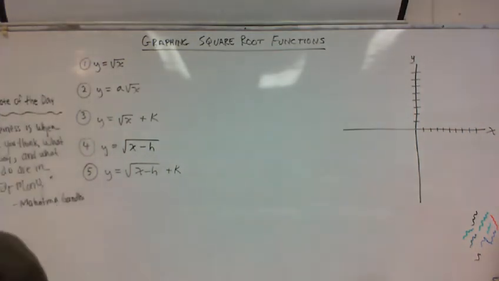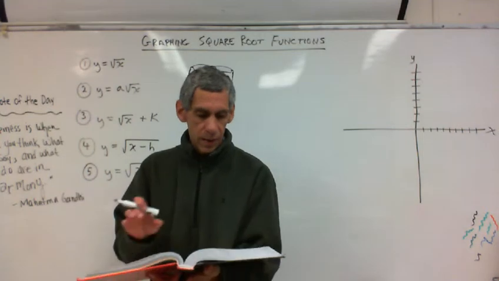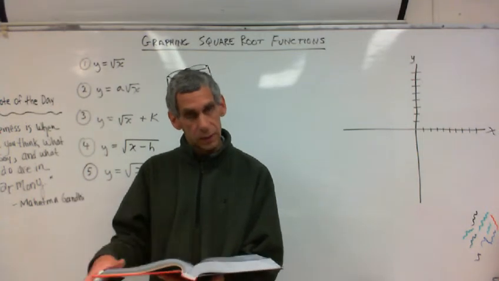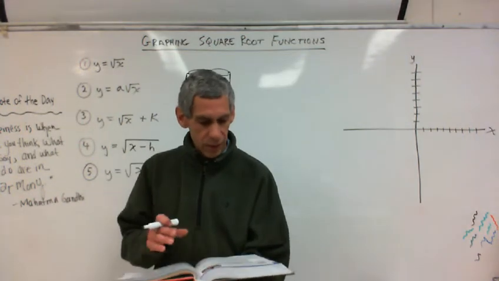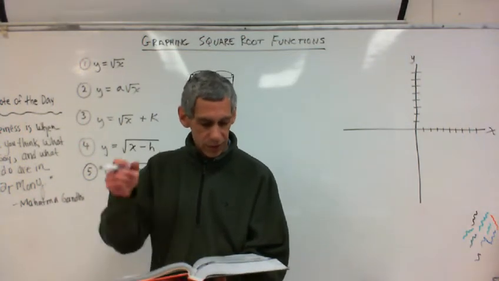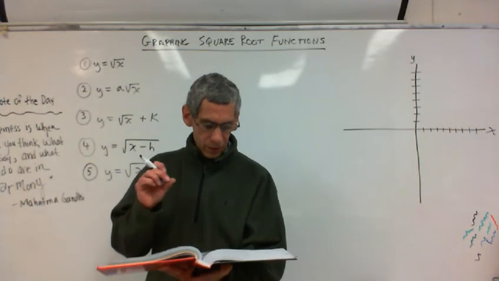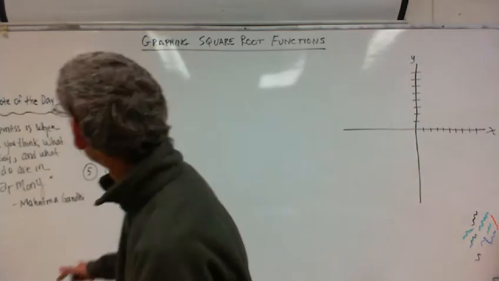Since this is our first time using the textbook, this is chapter 11.1. It says graph square root functions, and in that blue box, the key concept says the parent function for square root functions is y equals the square root of x.